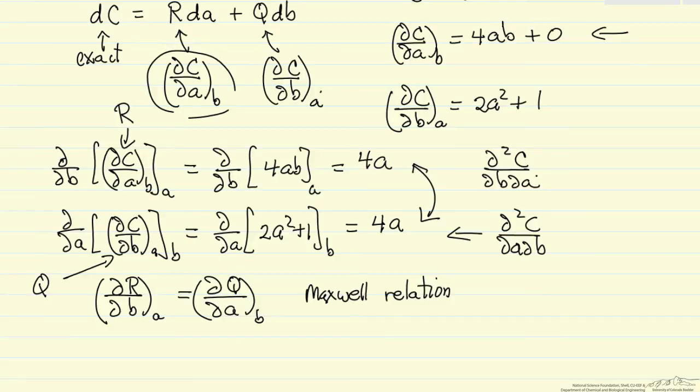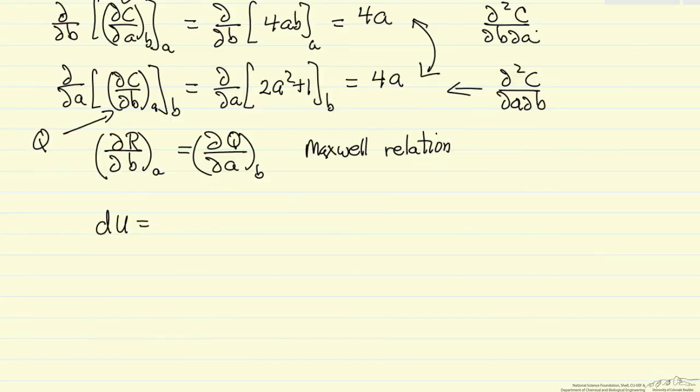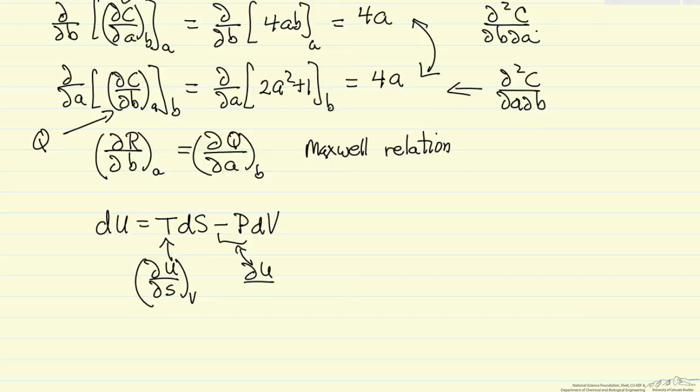So now let's apply this idea to a thermodynamic equation. Let's use the differential of internal energy, T dS minus P dV. That's where we're going to start. From what we've just said, if this is an exact differential, then T is the partial of U with respect to S at constant V, and minus P is the partial of U with respect to volume at constant entropy. So what we're going to do is take the second derivatives like we just did.